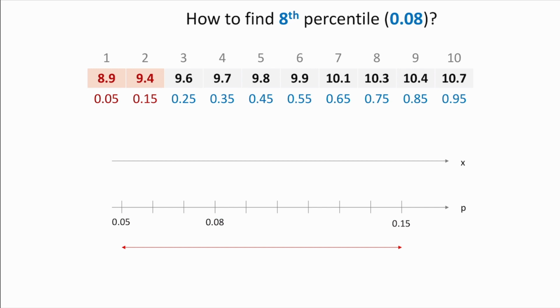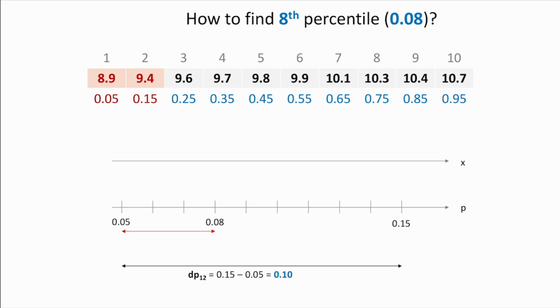So you can measure a total distance between these 2 values, and you can measure the distance between the left boundary and the percentile we are looking for, the 8th percentile, which is approximately 30% of the distance between these 2 boundaries, right? So this is the way to relate these 2 distances. But then we can do the same trick with the values, right?